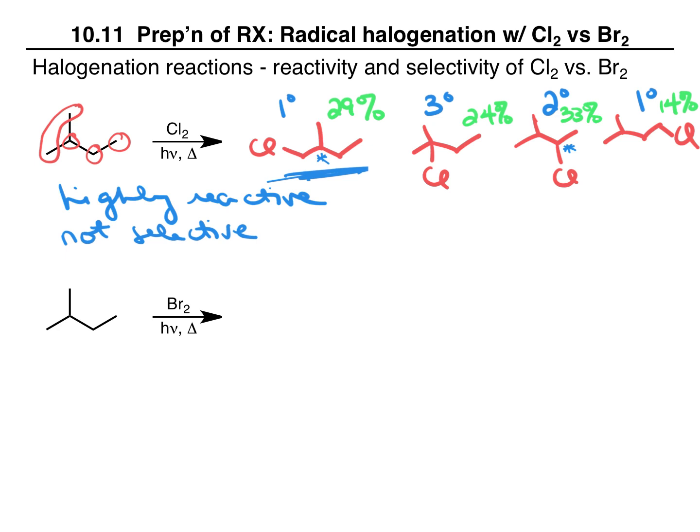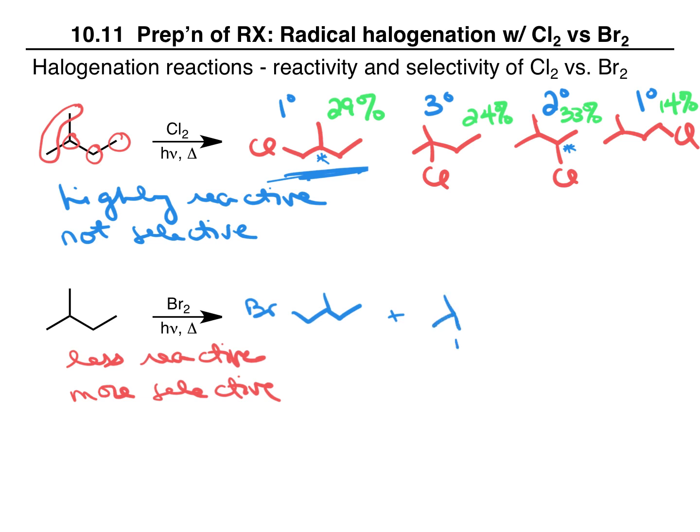Now, when it comes to bromine, bromine is less reactive, but it is more selective. So we can form the same possible compounds. So we can get this, and we can get this, and we can make this, and we can make this.